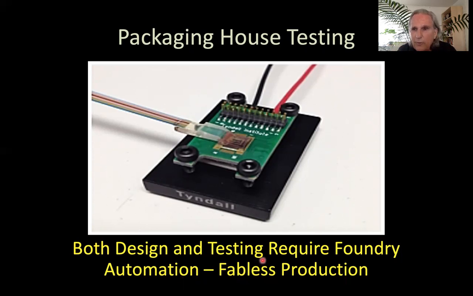At this point, we sit at a console, we design things, we design them to certain specs, and we try to get the foundry to make the measurements, or else we try to make them make only certain devices that'll fit jigs that we've bought from people like Tyndall or that we've copied from Tyndall. Everything in silicon photonics requires foundry automation.